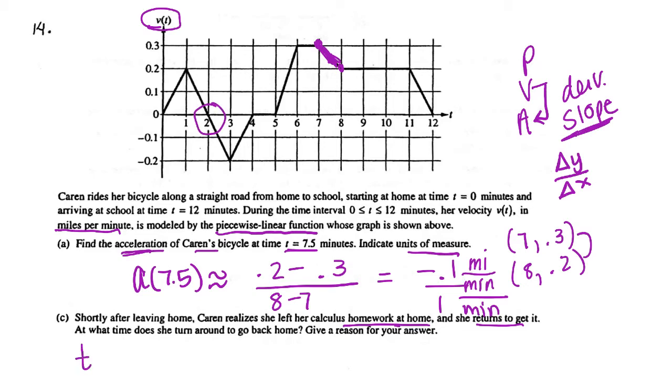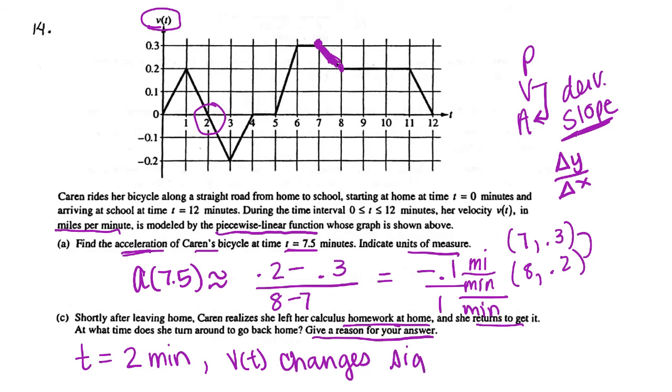So you're going to say at time t equals 2 minutes, Karen turns around, but you've got to give a reason for your answer, and you probably can't get credit unless you justify this. So at time t equals 2, we can say that v of t changes signs. And that should get it. I wouldn't put too much more because math people don't want to read. So here, v of t changes signs should be plenty of information.